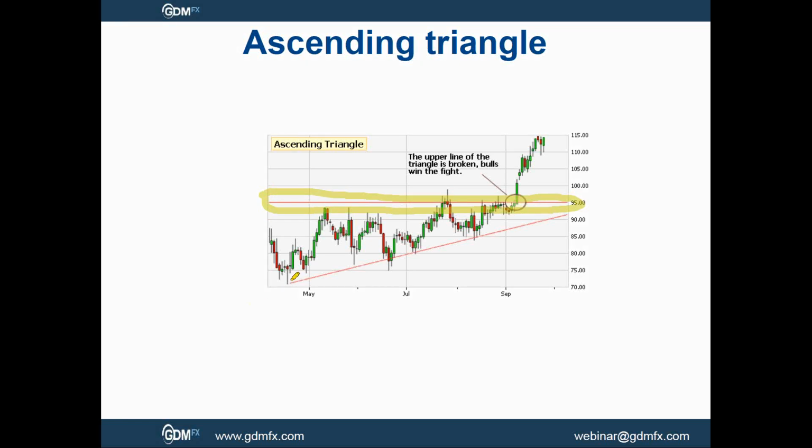All right, it could be on a slight angle, but we prefer to have it absolutely flat, because then it's a perfect ascending triangle. And the other one is at an angle, as you can see over here. We have our up movement trend line, which is acting as a support of the price. And the price of this commodity or currency pair moves between those lines until it eventually breaks out of the upper line.